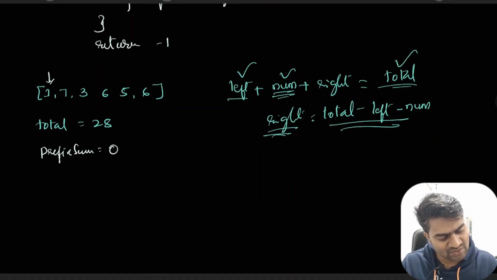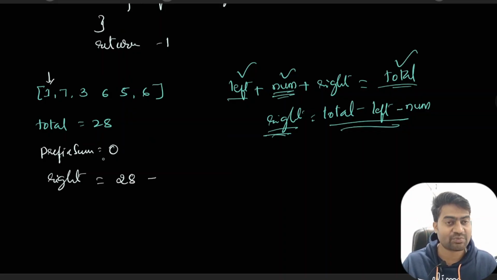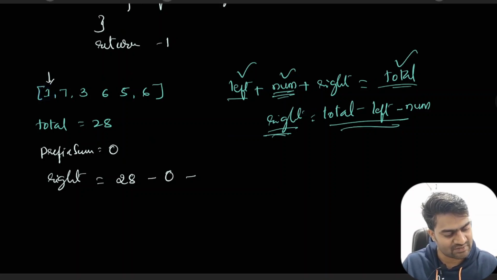Now I will try to find my right. Right will be total, which is 28, minus left, the current prefix sum, which is 0, then minus the current number, which is 1. This is the number we are processing. This is our right value.